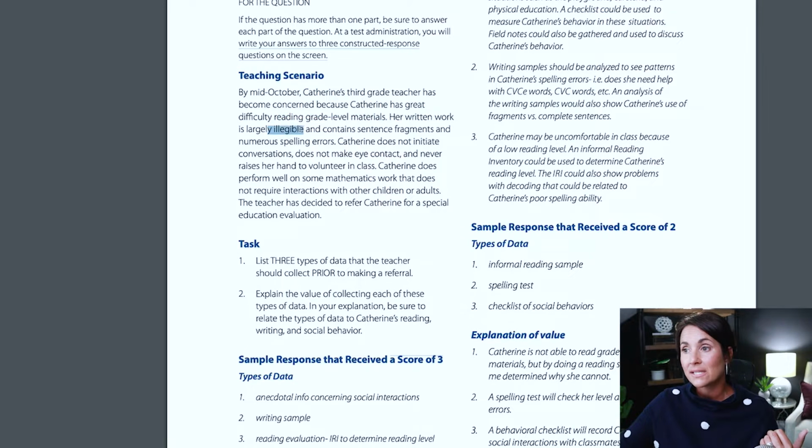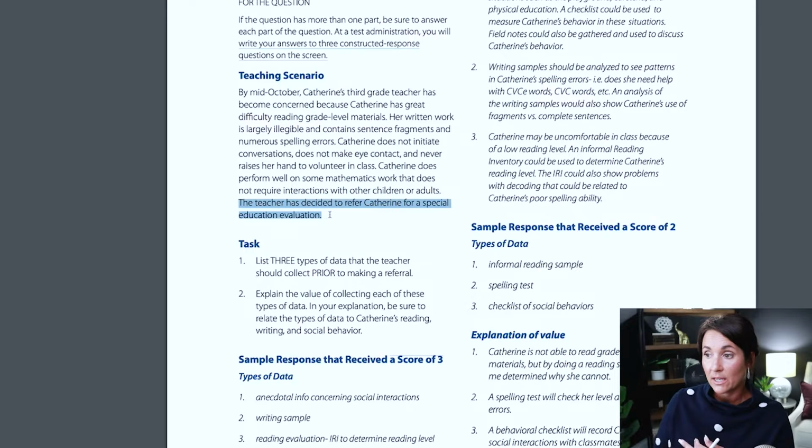Some of her work is illegible, meaning you can't read it, contains fragments, numerous spelling errors. All right, maybe we want to do a mini spelling test where I focus on phonics or phonemic awareness, something like that. And the teacher has decided to refer Catherine for special education evaluation.